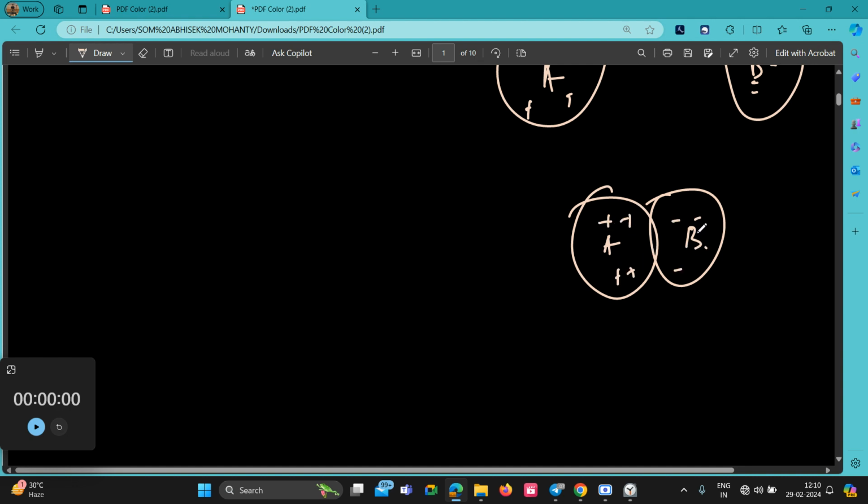So see, what is the potential due to A? Potential at the center of A is VA. Potential at the center of B is VB.